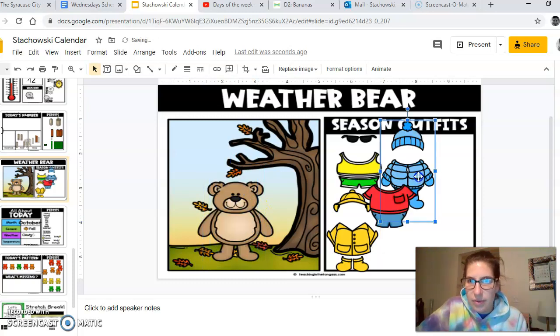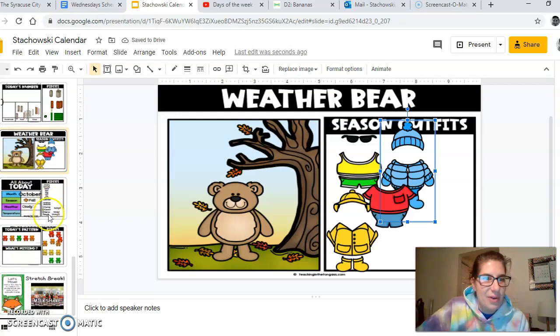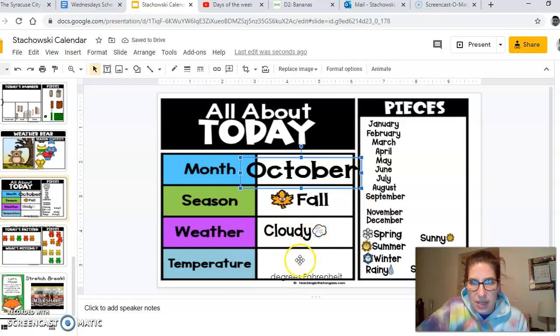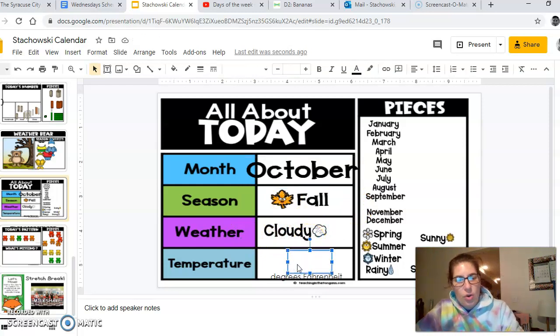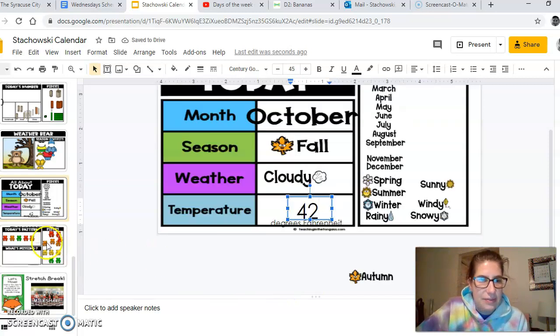I don't know where the other outfit went. Guess I'm going to have to fix that one too, right? Okay, so today, the month is October. All about today. The season is fall. It's cloudy outside today, and our temperature was about 42 degrees outside.